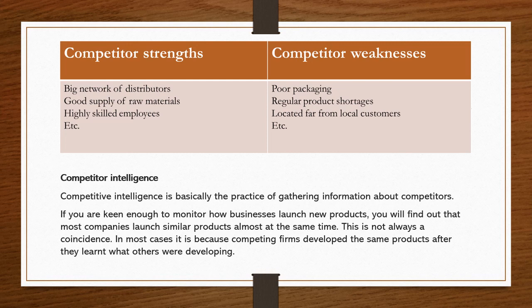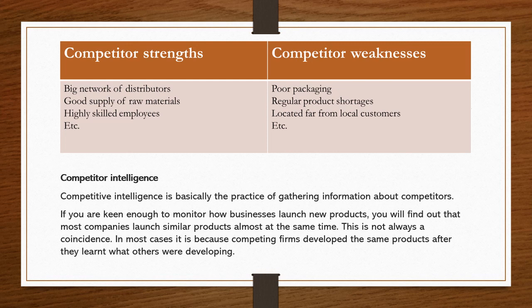So intelligence, just as it sounds, means collecting information about something, or being aware of the existence of something by having clear information about it. So if you are keen enough, you can note that businesses launch new products, and when they launch new products, it is always easy to also see other companies launching almost the same products at almost the same time.